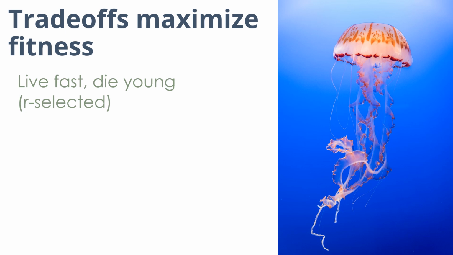It refers to organisms that have many small offspring, but they do not provide resources or parental care to those offspring, which then die relatively young. Examples of r-selected species are marine invertebrates such as jellyfish and plants such as dandelions and other organisms that are well adapted to unstable and unpredictable environments.